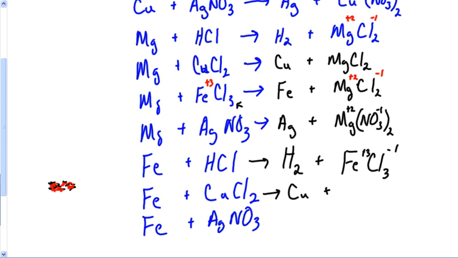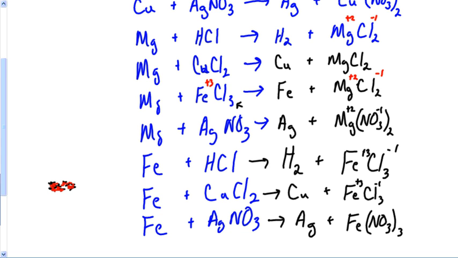And that was that copper that you were seeing get made. Plus, one more time, this would be FeCl3, because that's plus 3, minus 1. And then the last one would be Ag. You should have seen silver in it. Plus FeNO3 3. Yep, that's right, because that's plus 3, minus 1.